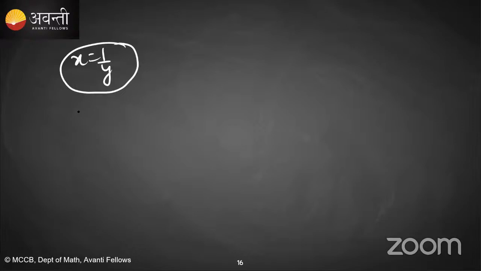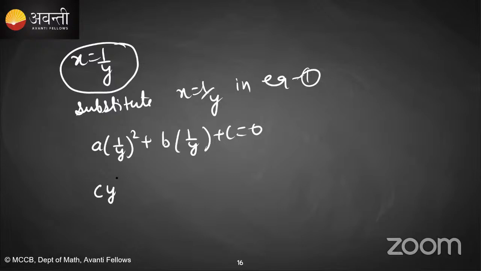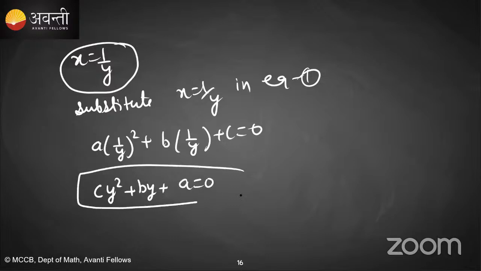So substitute x equal to 1 upon y in equation 1: a into x square, where x is 1 upon y, plus b into x, 1 upon y, plus c is equal to 0. Take the LCM, you will get c y square plus b y plus a is equal to 0.